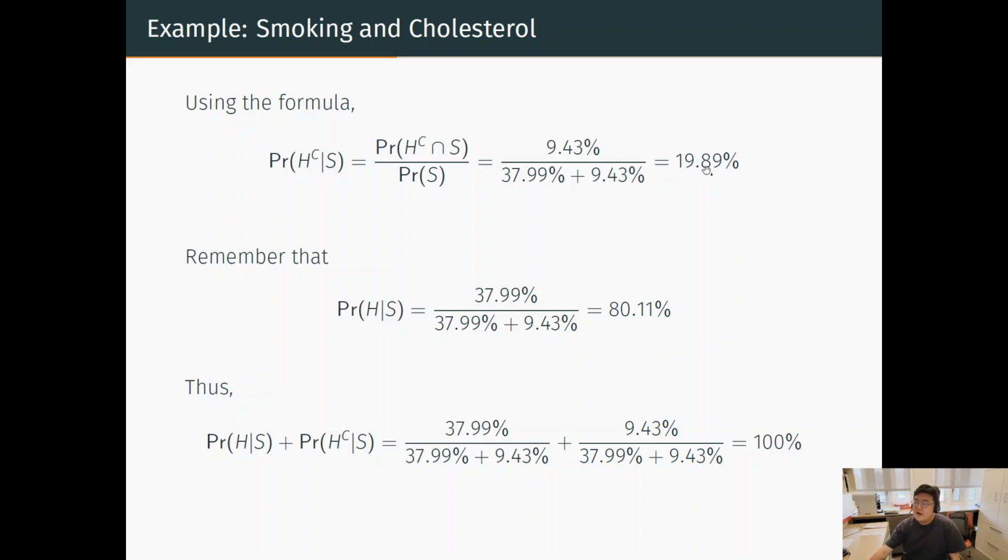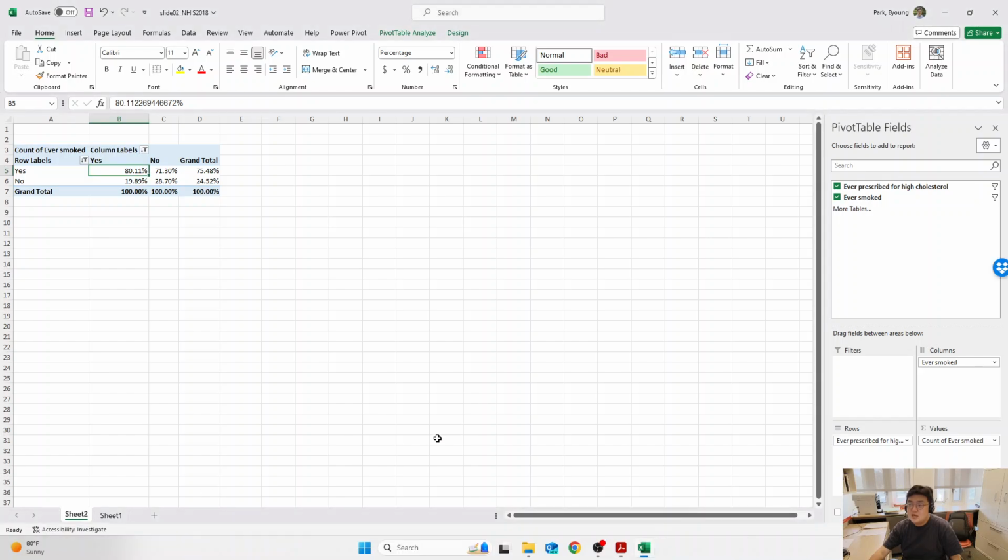And then you can find this is the complement of this one, which is probability of H given S, right? Back to the pivot table, you see I said the sum of these two probabilities must be 100%, right? Because there are only two types of people satisfying the condition. So if one does not happen, automatically the other will happen. So it's exactly 100% total.